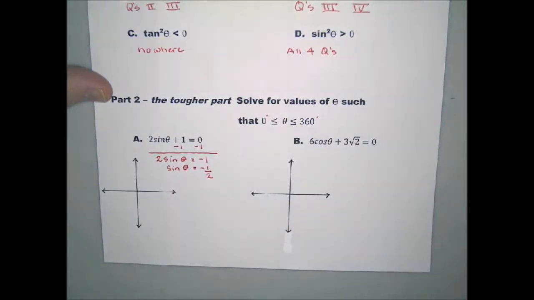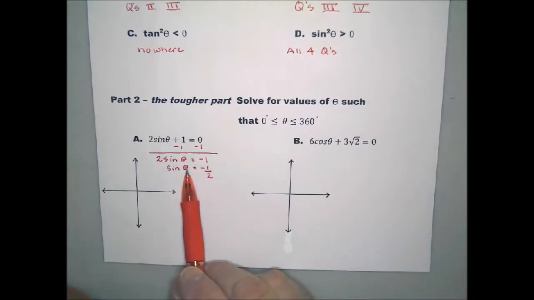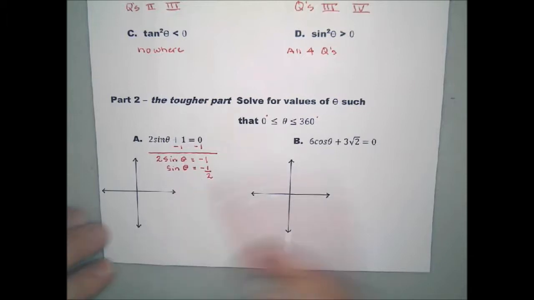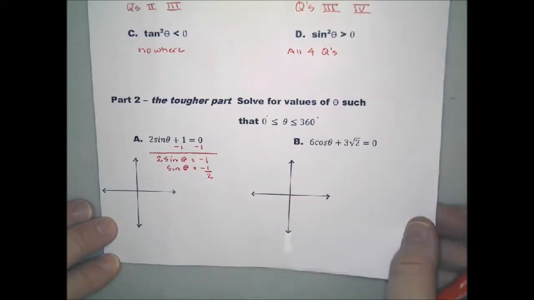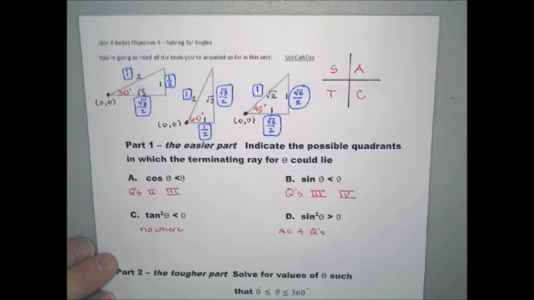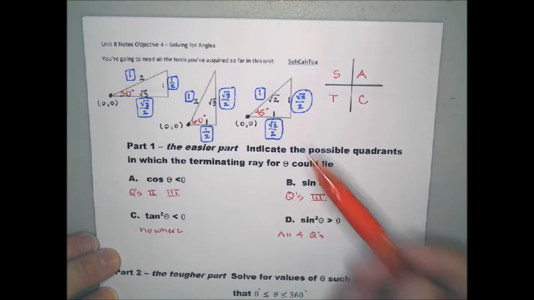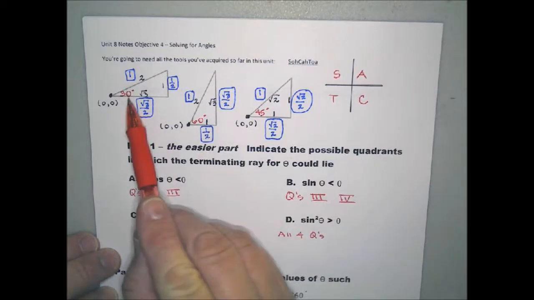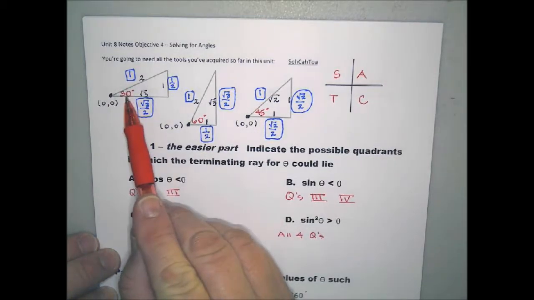Now, at this point, you've got to get a reference angle. We're looking for what angle of theta has a sine value of negative 1/2. Well, let's worry about the negative in a minute. Let's just think about 1/2. Let's go back to our triangles. Which of our special right triangles has a sine value of 1/2? It turns out to be this 30-degree triangle right here.